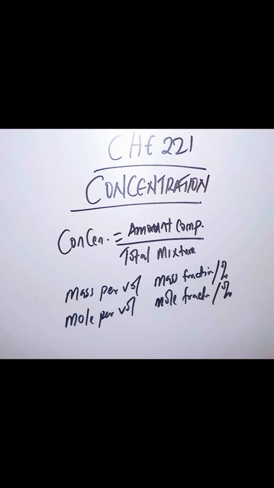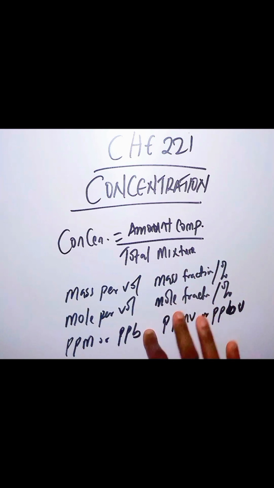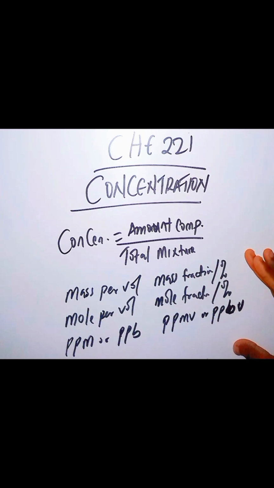Concentration can also be expressed as parts per million or parts per billion, or in parts per million volume or parts per billion volume.